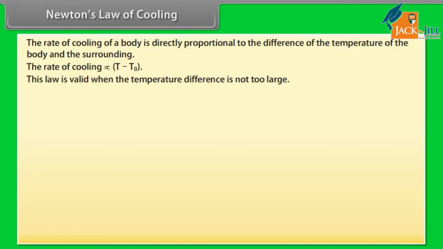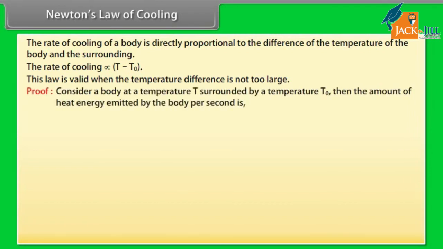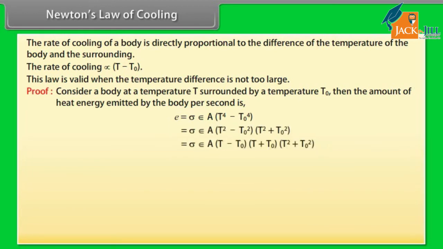Let's see the proof. Consider a body at a temperature T surrounded by a temperature T naught. Then the amount of heat energy emitted by the body per second is E is equal to sigma e A (T minus T naught) (T plus T naught) (T square plus T naught square).